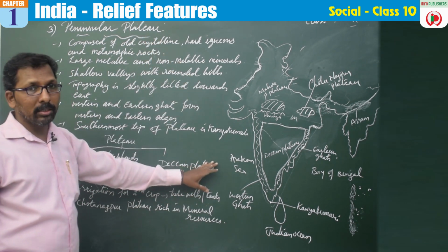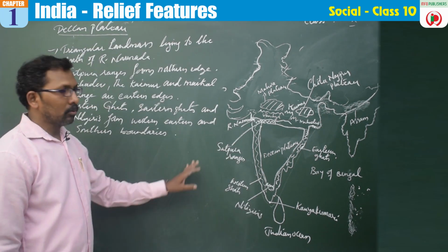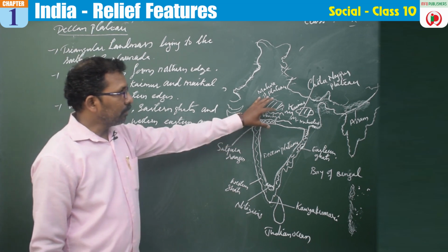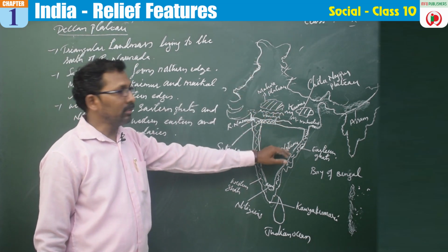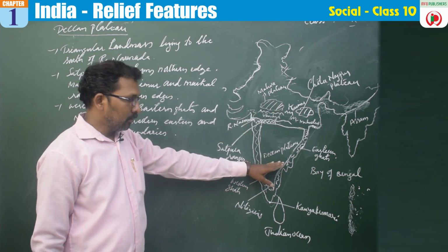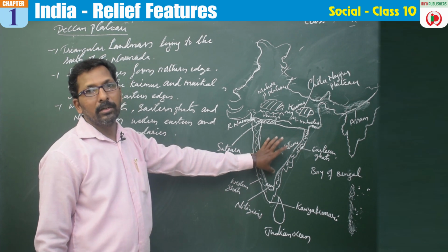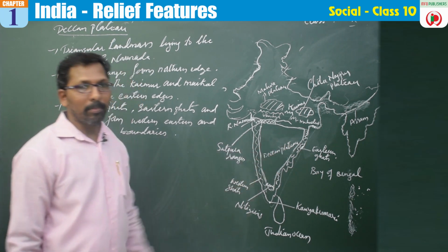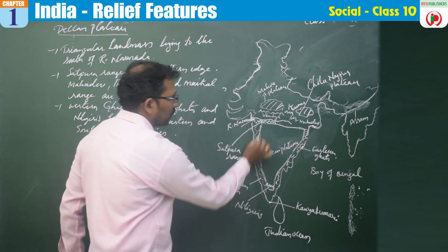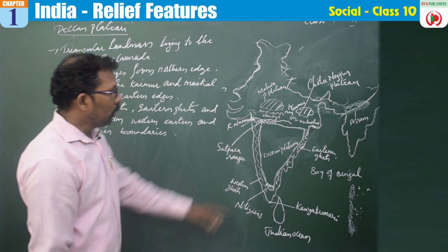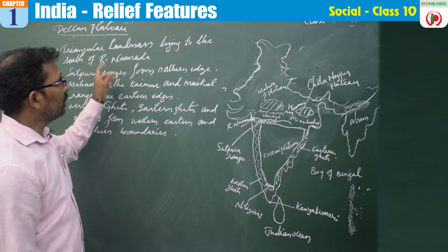Now we will discuss the Deccan Plateau. We have discussed the divisions of the Peninsular Plateau, that is the Malwa Plateau and the Deccan Plateau. But if you talk about the elaboration of the Deccan Plateau, it is a triangular landmass which lies to the south of the river Narmada.